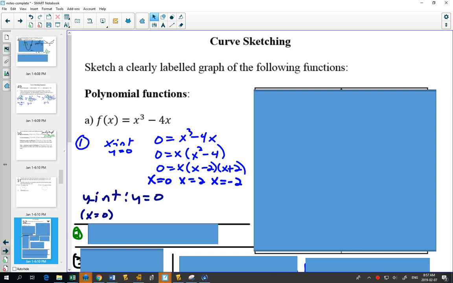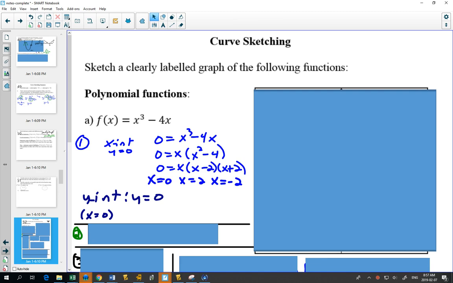In this case, finding your x-intercepts is straightforward as well. So you find your x-intercepts and y-intercepts.